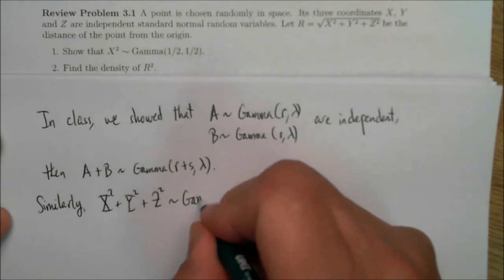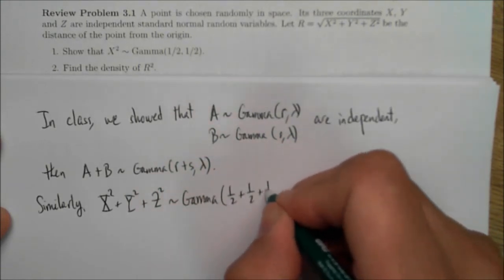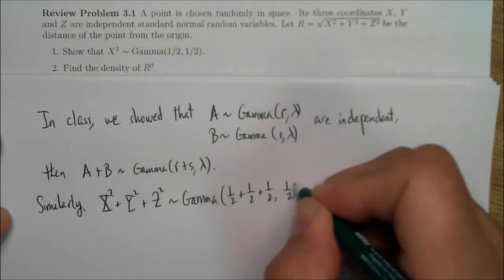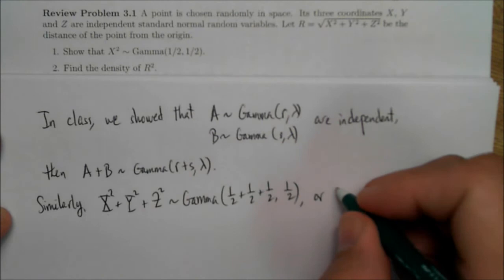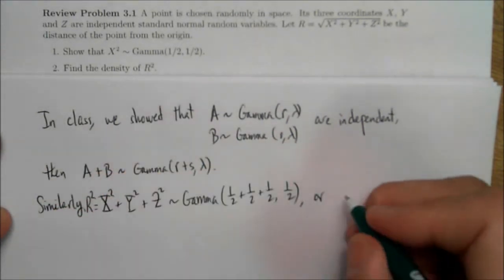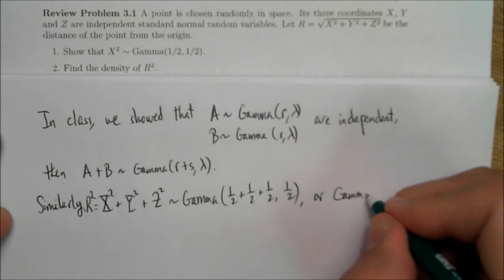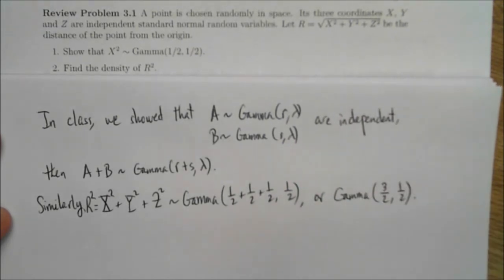So this is gamma distributed with parameters 1/2 plus 1/2 plus 1/2, but the lambda 1/2 stays the same. So r squared has a gamma distribution with parameters 3/2 and 1/2.